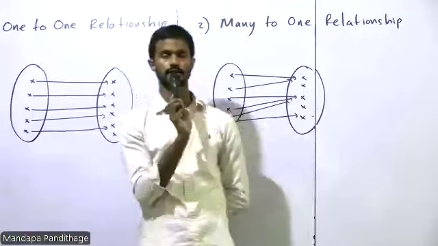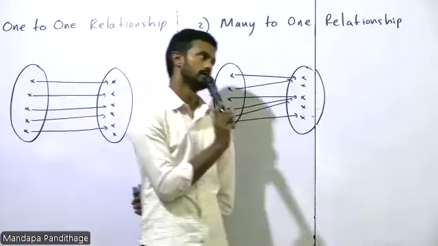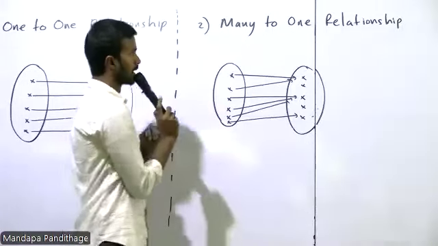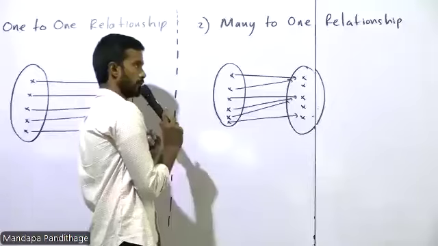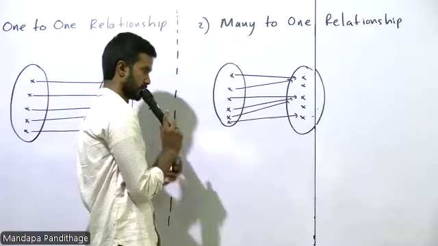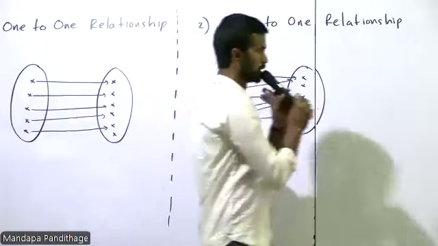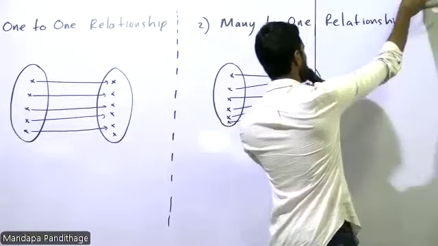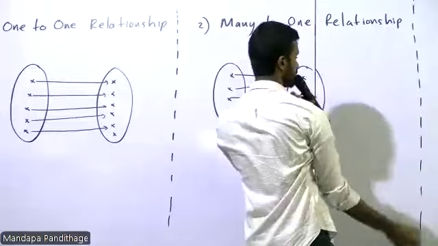So you can end the sentence there, of the other set. Okay, then just draw this. So it's a many-to-one relationship. Two or more elements have been assigned or related to one element of the other set.